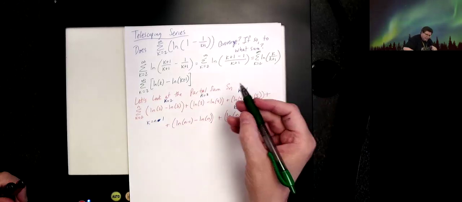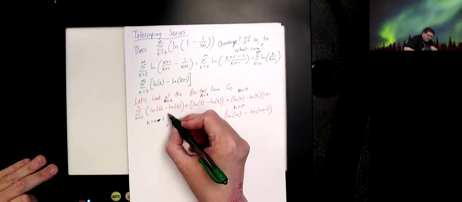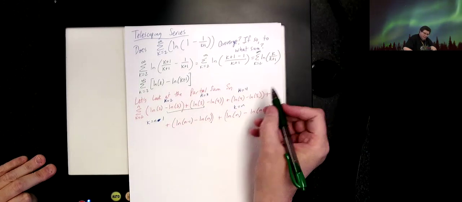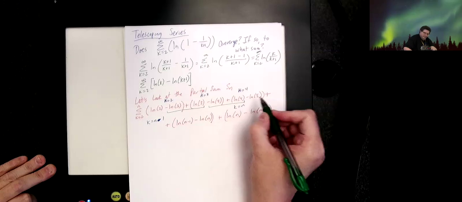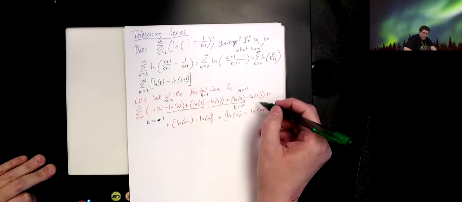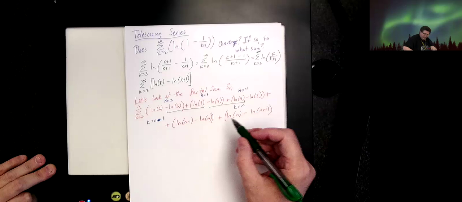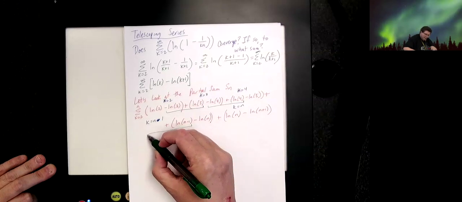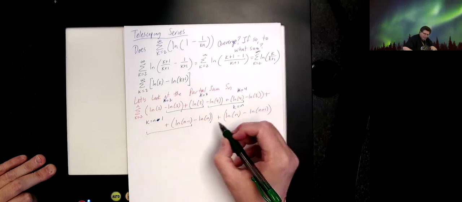All right, notice we have a minus ln of 3 and a plus ln of 3. A minus ln of 4 plus an ln of 4. And that pattern is going to keep continuing. The ln of n minus 1 here is going to go down with the n minus 2 one.